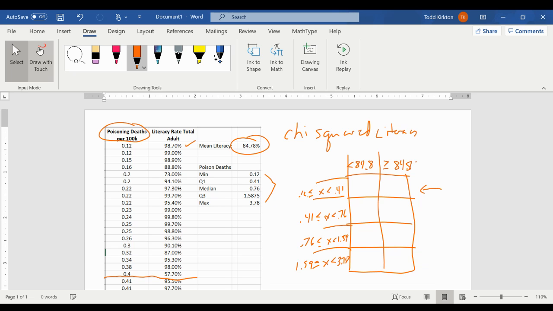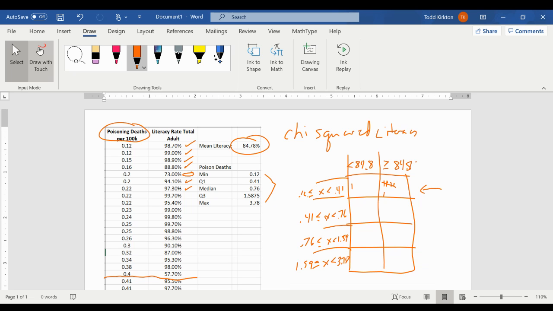So the first one is bigger than the mean, goes here. Second one, bigger than the mean. Third one, bigger than the mean. Fourth one, bigger than the mean. Fifth one, this is one that is not bigger than the mean, so it would go here. Bigger than the mean, bigger than the mean.